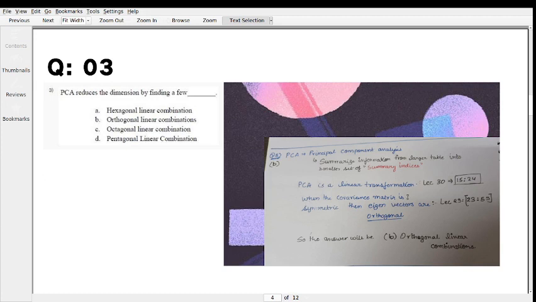When the covariance matrix is symmetric, eigenvectors are taken, and eigenvectors are orthogonal to each other, which means all the eigenvectors that are created are perpendicular to one another. So orthogonal linear combination will be the correct answer.